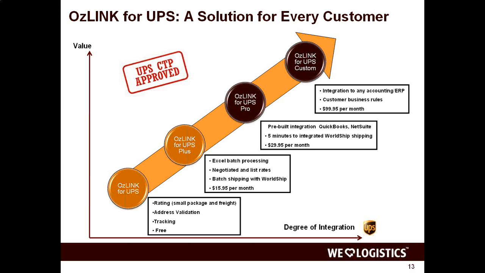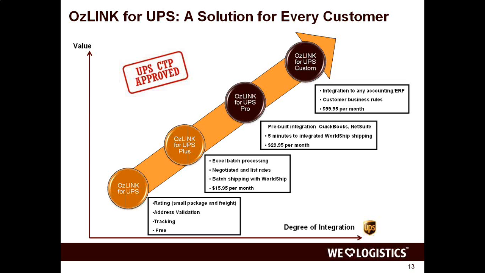As Troy said, we leverage the capabilities of WorldShip and integrate it to the host. The first, OzLINK for UPS Pro, provides pre-built, out-of-the-box integration with QuickBooks and NetSuite. And then OzLINK for UPS Custom provides integration to virtually any back-end host system and can apply all sorts of business rules, all of the documents we've talked about here.